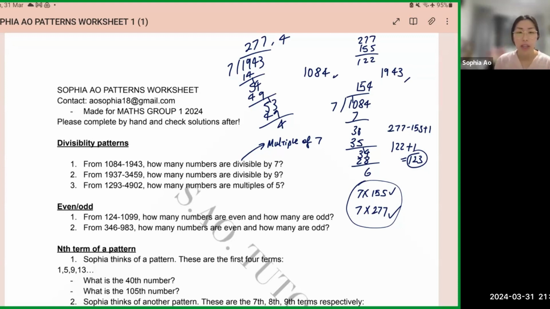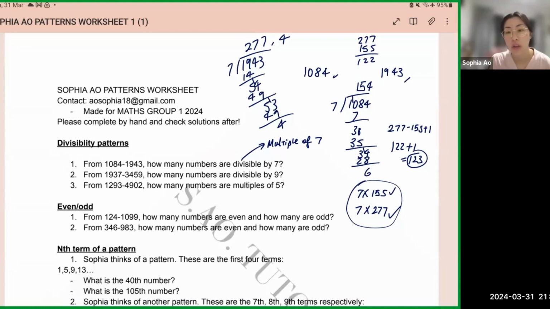If you get something that's quite obviously off, for example, between 1084 and 1943 there's only about 900 numbers, and you get an answer that says there's 500 multiples of 7, which would total 3,500, that's very obviously wrong, and I would redo it at that stage. So that should be your answer.